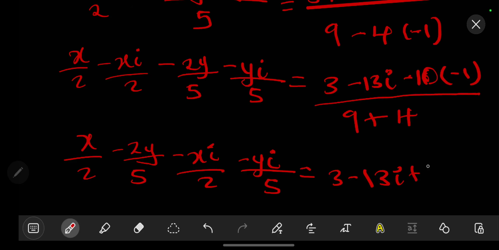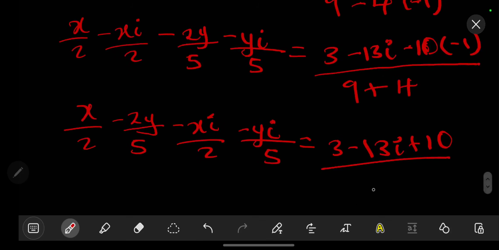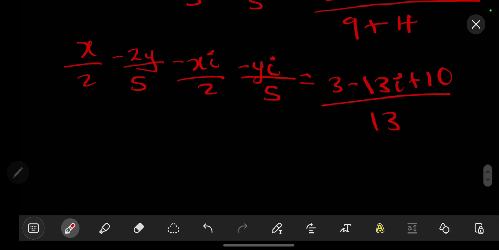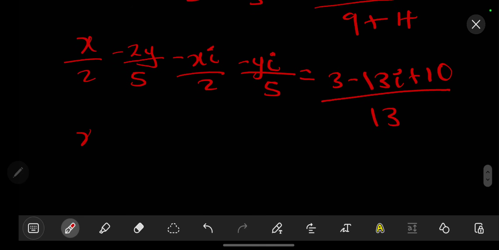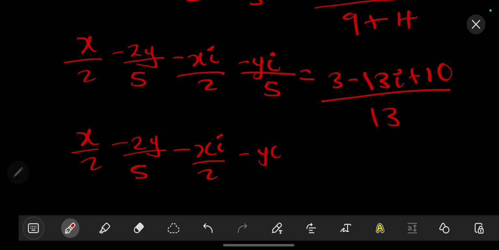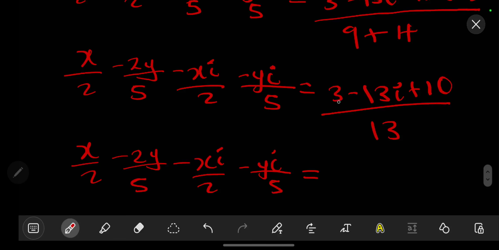Negative by negative is positive 10 like that, over 9 plus 4 will give us a 13. So we are going to have our x over 2 minus our 2y over 5 minus our xi over 2 minus our yi over 5. This will give us a value 3 plus 10, this will give us 13 minus 13i over 13.